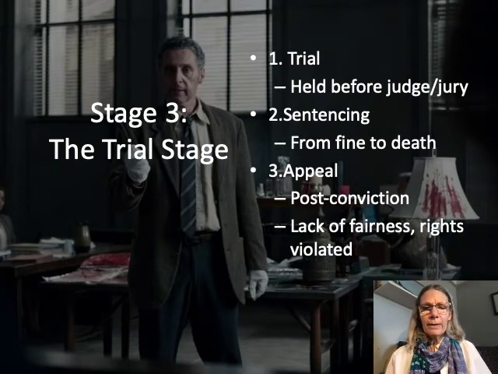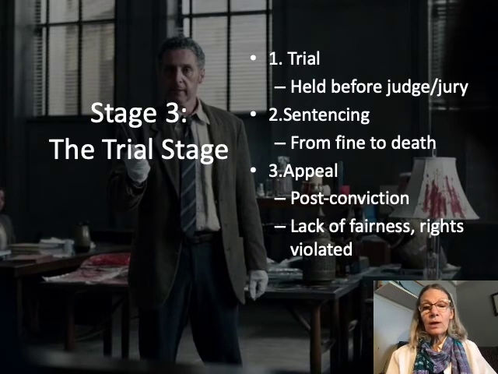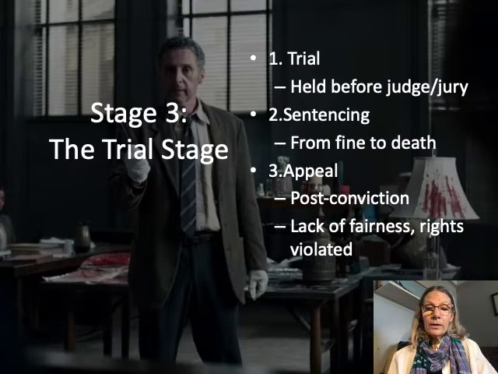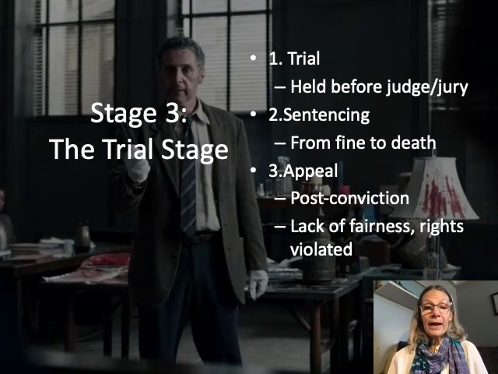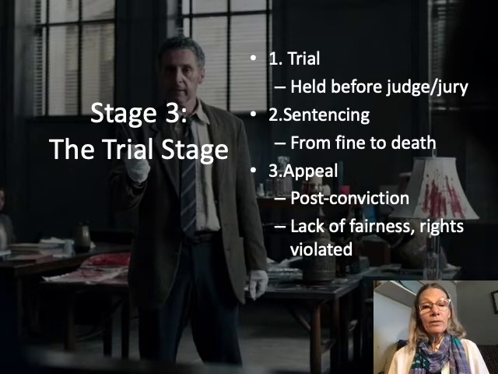Was there jury bias? Was evidence admitted that shouldn't be admitted? Was there a lack of fairness? Okay. And attorneys submit briefs to the judges, and the judges will rule on those briefs. We'll talk more about that as we go on. But that's the trial stage: trial, sentencing, and then the appeal is included in the trial stage as well.